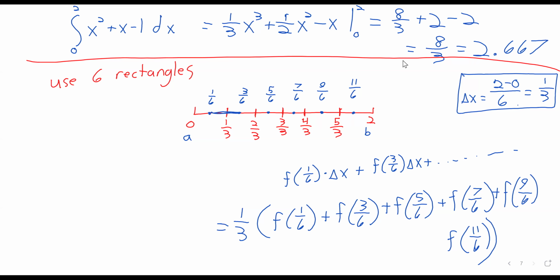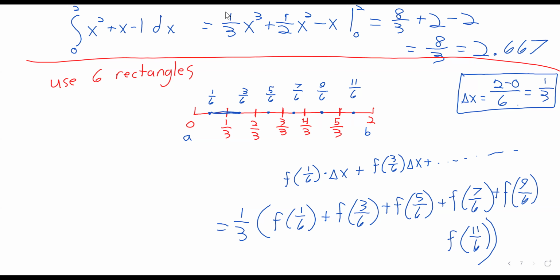It can do that just fine. So let's see if you can also find, let's see, what's that delta x? That delta x is 1/3. So 1/3 times f of 1/6 plus f of, or counting up by 2, right?